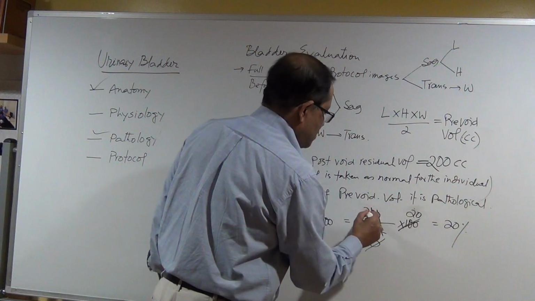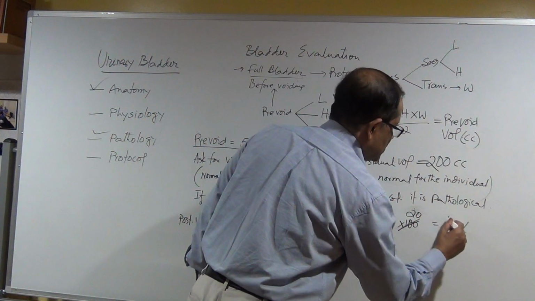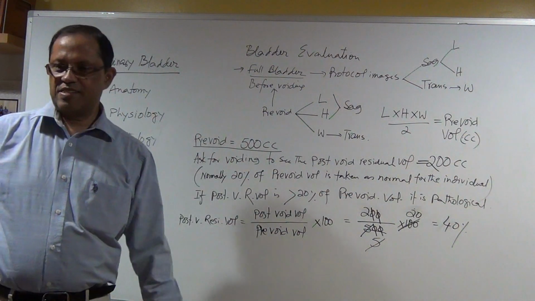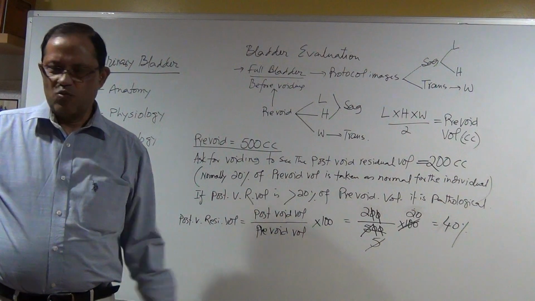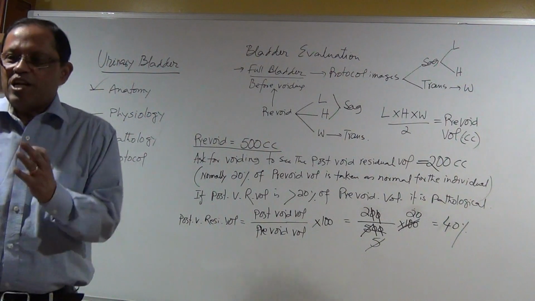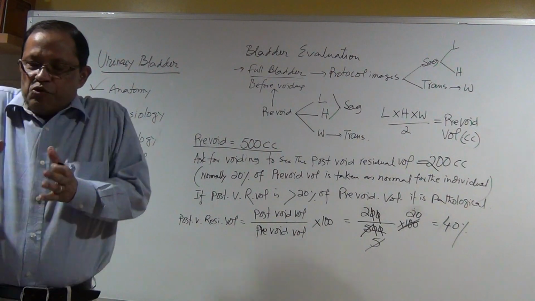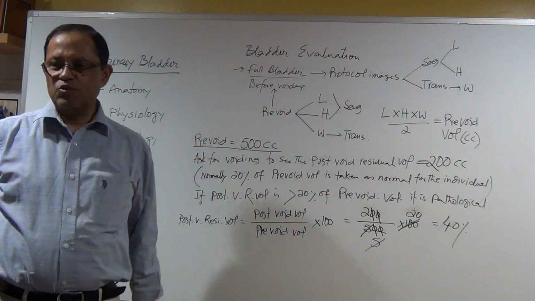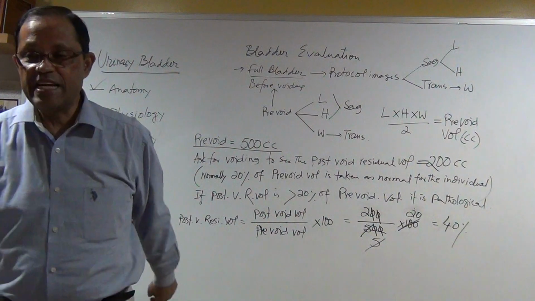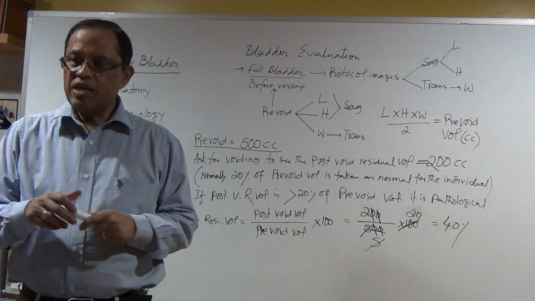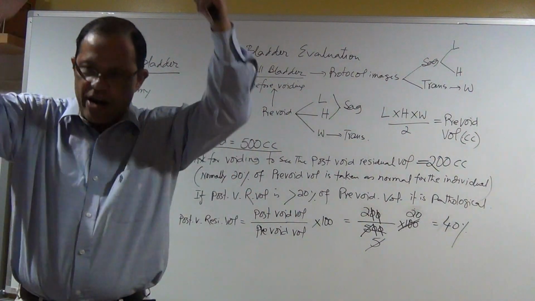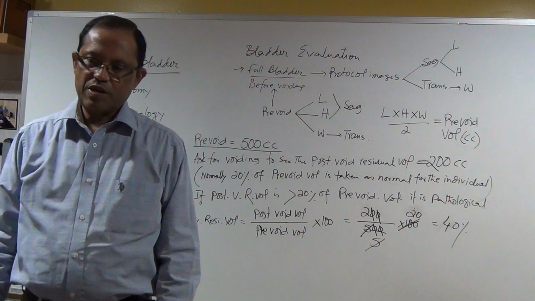So now 20 times 2 is now 40. And I will see, oh my God, this is greater than 20%. Why is this? Because the bladder has no energy, no potentiality to contract strongly to empty the bladder. So this post-void residual volume is 40%, indicating that the patient is not capable of voiding completely from the bladder.